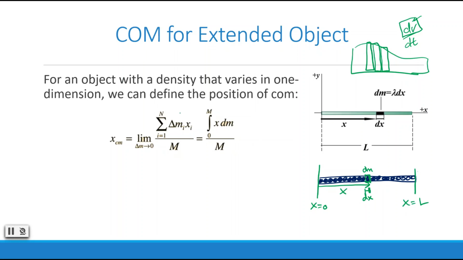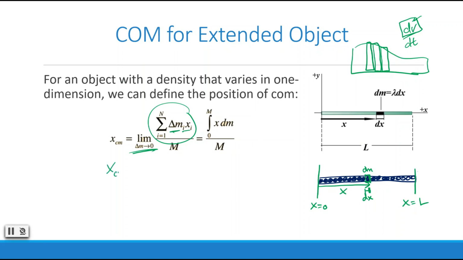So if you look at this general formula here for our center of mass, it basically says you add up all of the little individual m_i's and x_i's, so all the little tiny pieces here. Well, when you take the limit as that little bit of mass approaches zero, it becomes an integral.